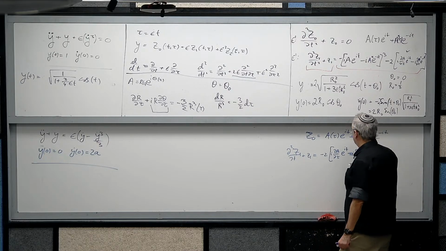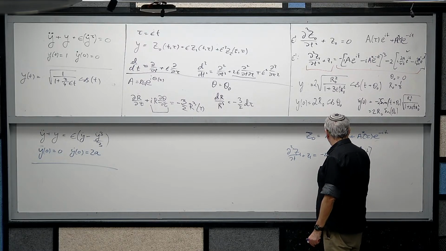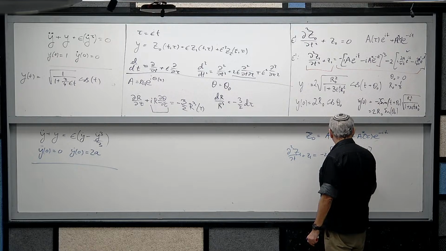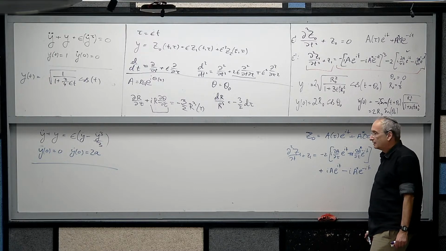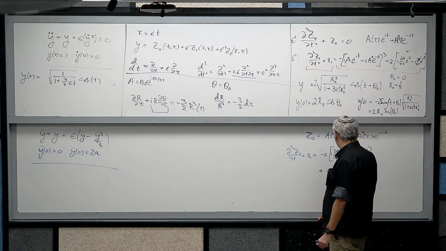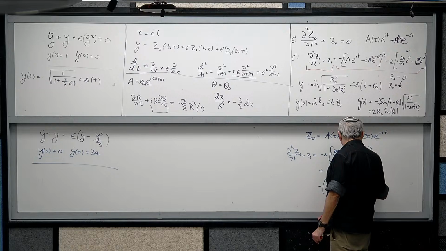So I will have plus y dot, which is i A e to the it minus i A star e to the minus it. Just the derivative with respect to t. And we have minus i A e to the it minus i A conjugate e to the minus it, cubed.